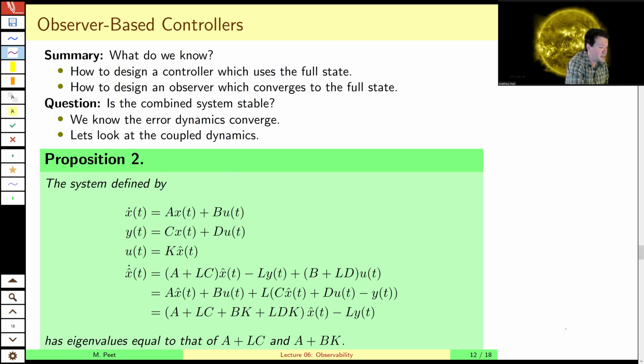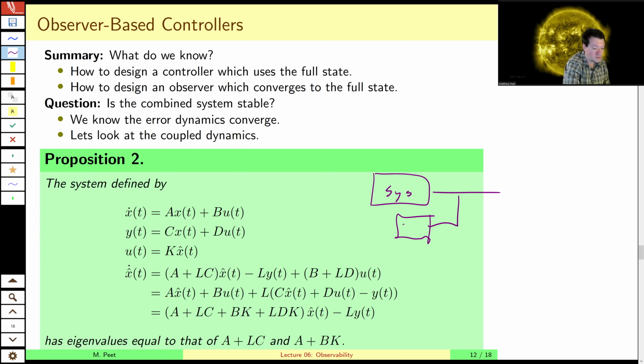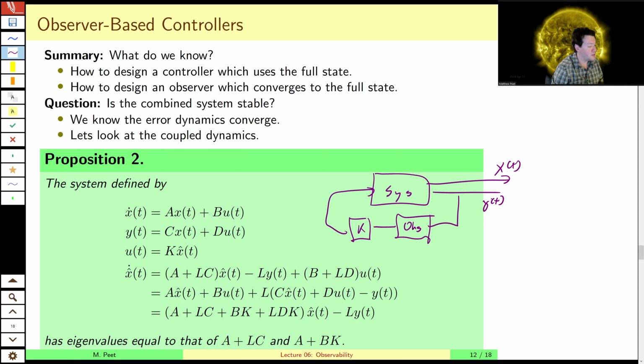So this is the implementation of that block diagram which I talked about. Right, so this is the implementation right here.